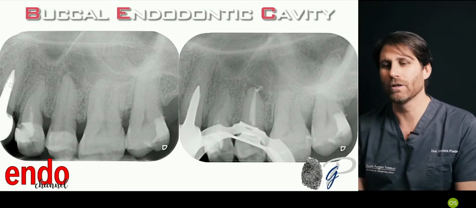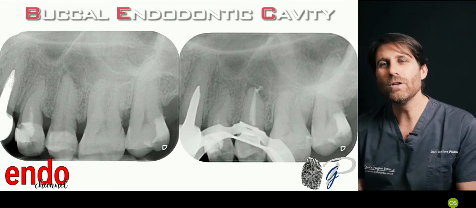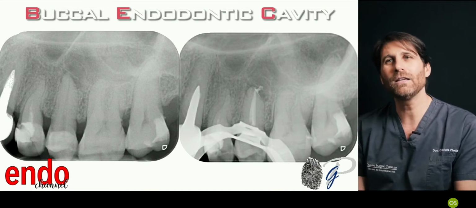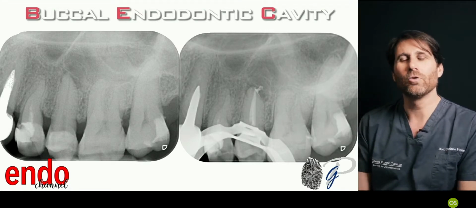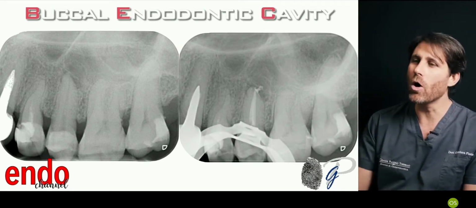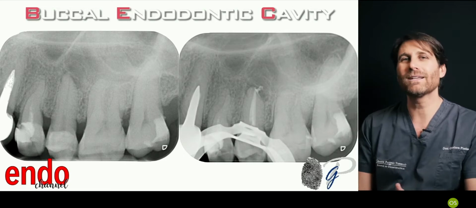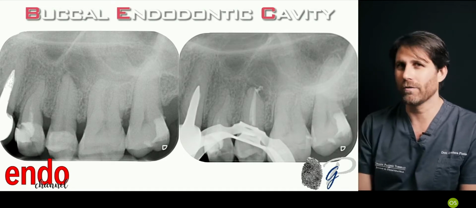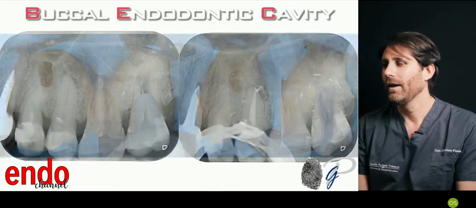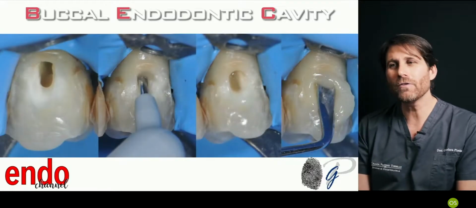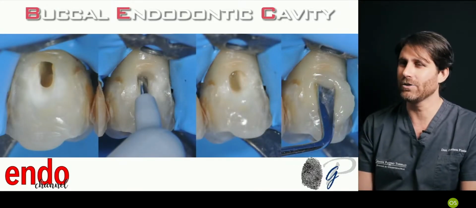This is important. If you need compromise, you need to enlarge the access cavity to avoid compromise. So never accept compromises to the quality of the endodontic treatment just to maintain a little bit more tooth structure. The quality of the endodontic treatment comes first, and then maintenance of tooth structure.